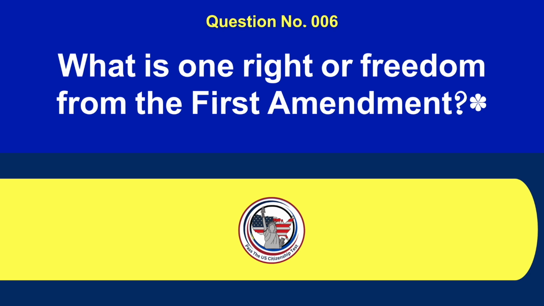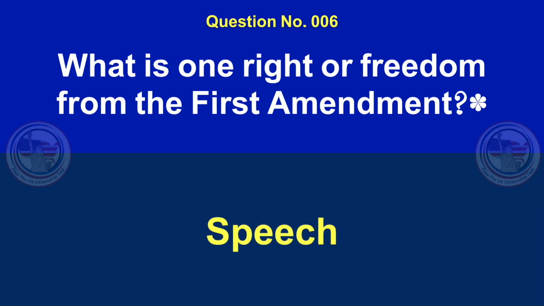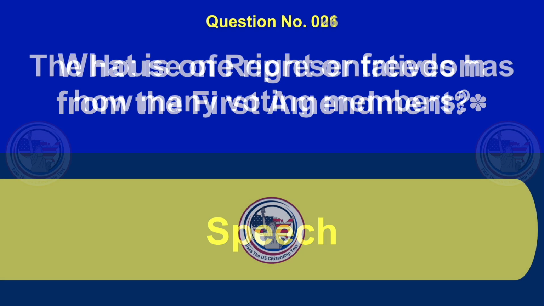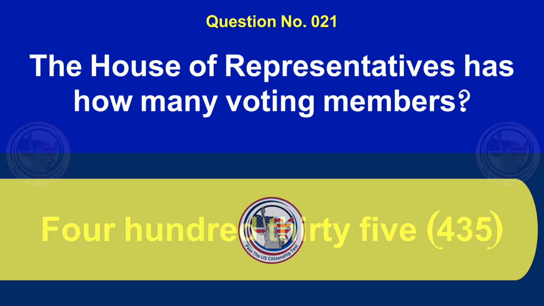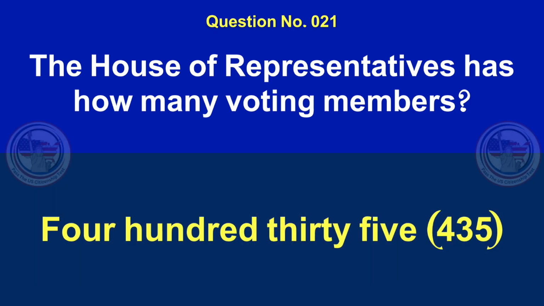What is one right or freedom from the First Amendment? Speech. The House of Representatives has how many voting members? 435.